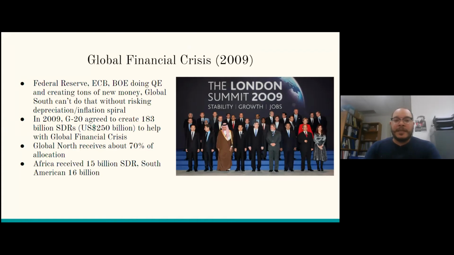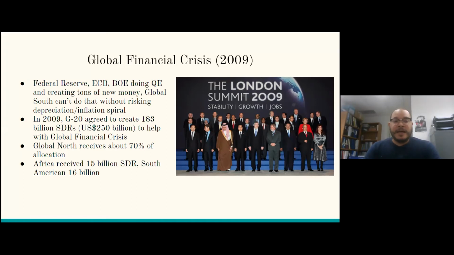Governments in the global south cannot do this without risking the depreciation of their currency, setting off an inflation spiral. And we can talk about why that is. It's mainly due to the fact that they can't produce all the things that they need with their local domestic currency only. They would need to import a lot of things.